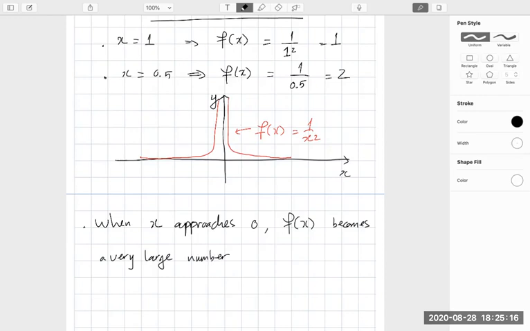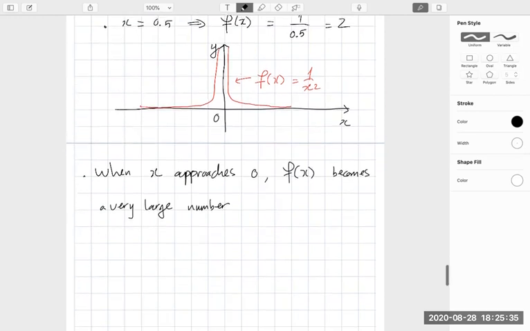You see, when x goes to the right side of 0, right here, f of x becomes very large on top here. Similarly, when x goes from the left side of 0, f of x will also be a very large number going up here.